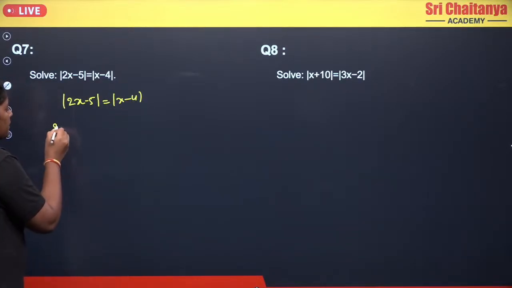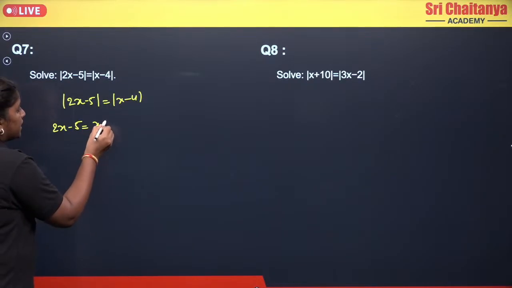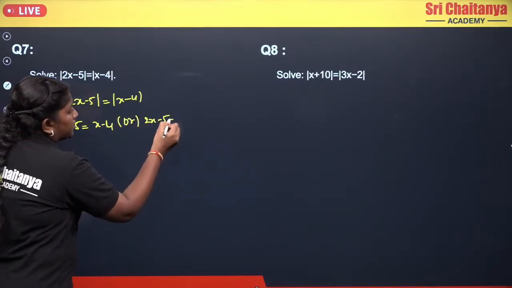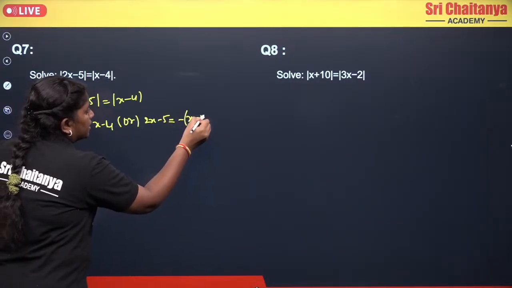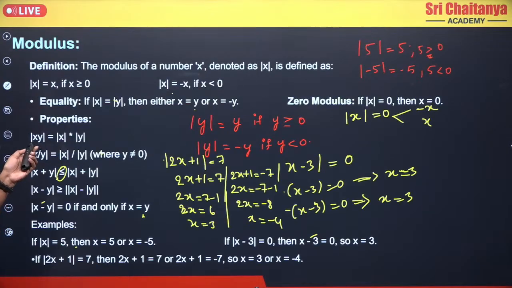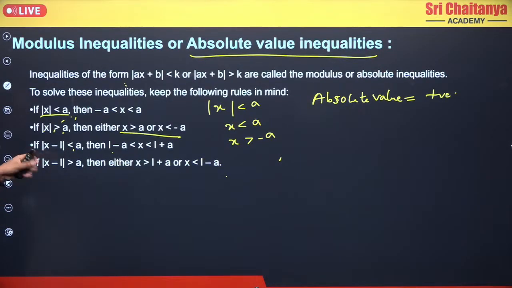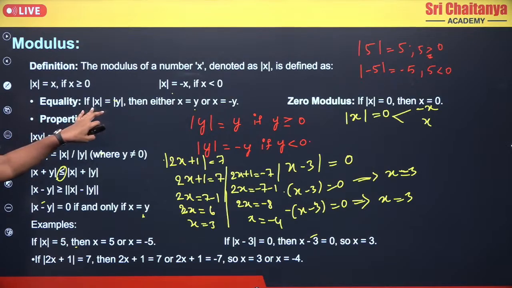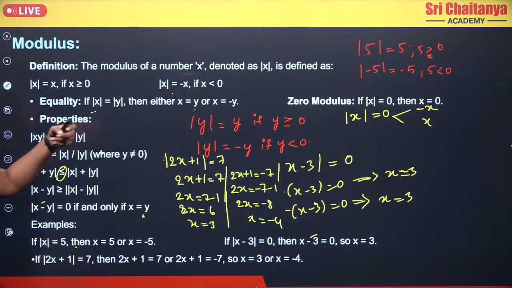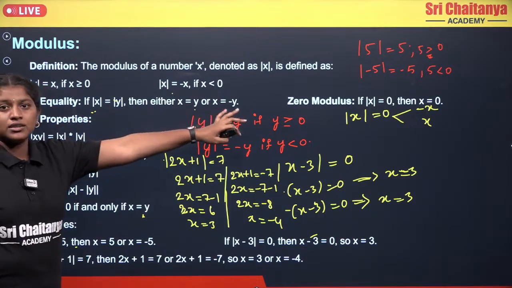Whenever we have mod x equals mod y, if you have the equality, then you can take x equals y or x equals minus y.